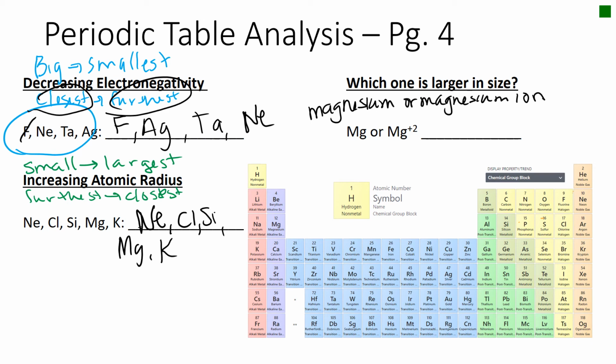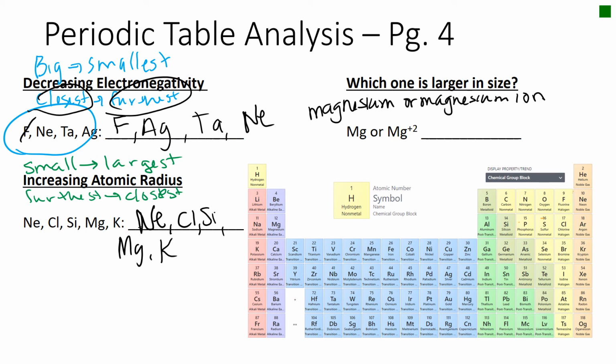You're going to have to figure out what type of ion it would be, whether positive or negative. Remember, these guys are all going to be positive, and these guys on this side are going to be negative. These guys are going to have no charge. But that's how you're going to do it.